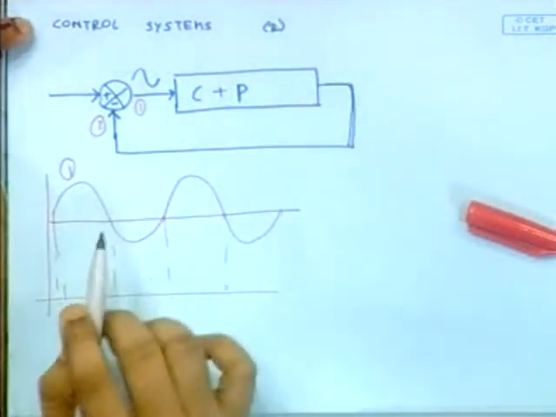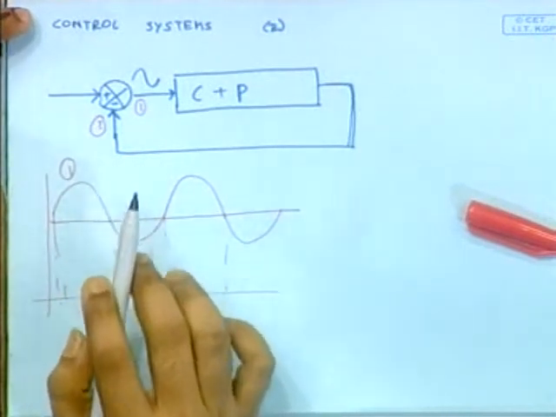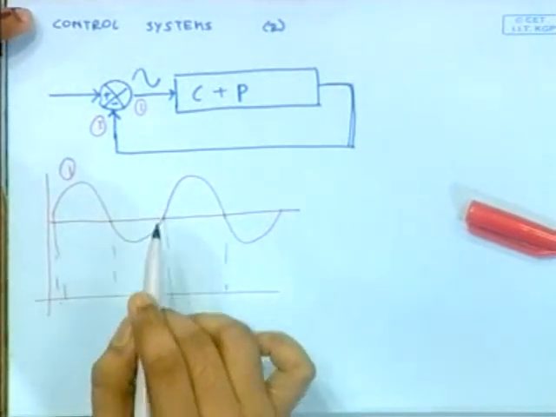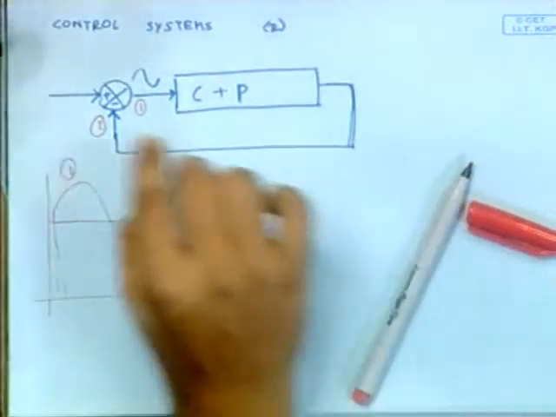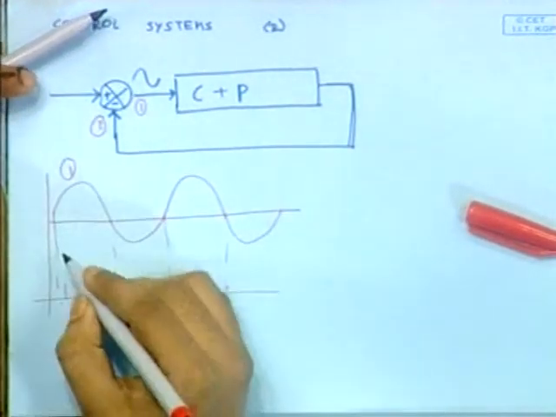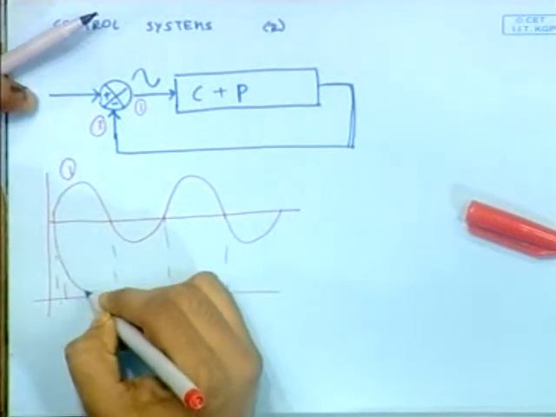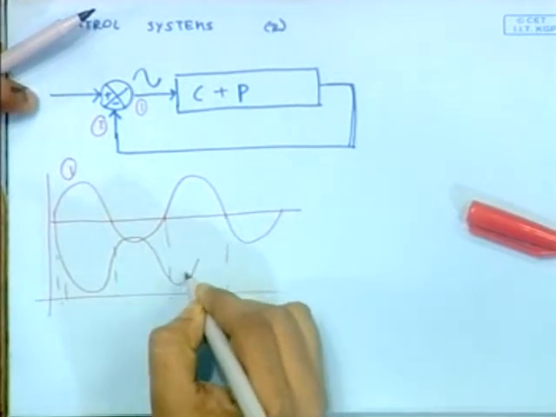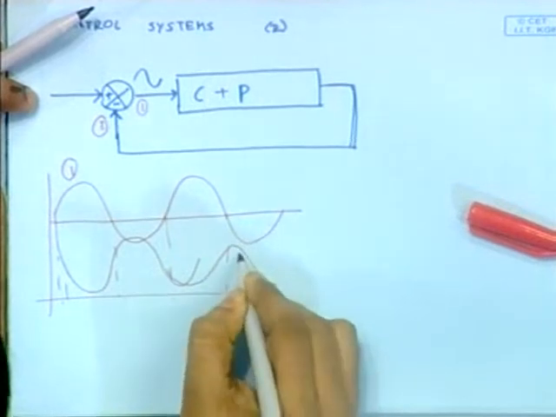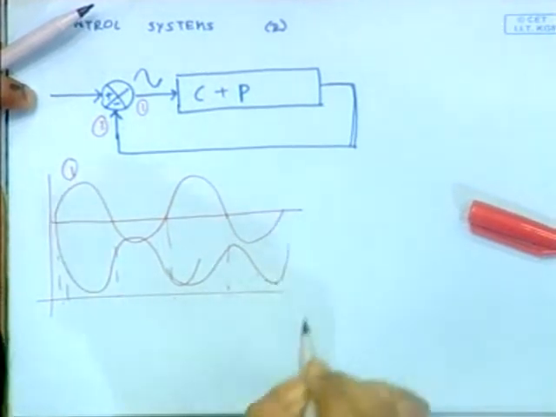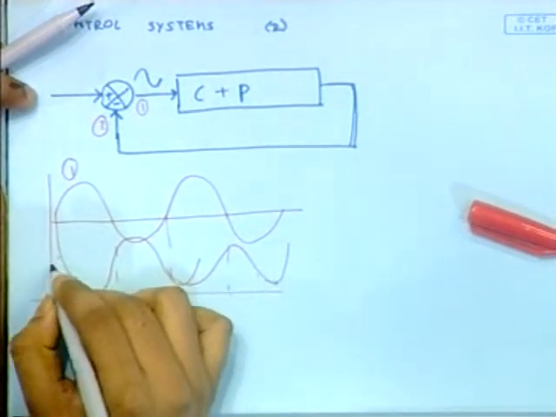So we have to see under what conditions this negative feedback might actually start to behave like a positive feedback. When will it be? If after passing through all this, 2 becomes like this. Just the drawing is not proper, but I think you get the point.